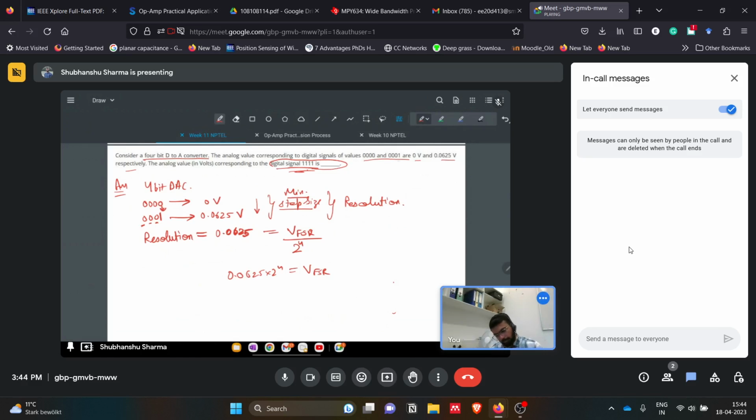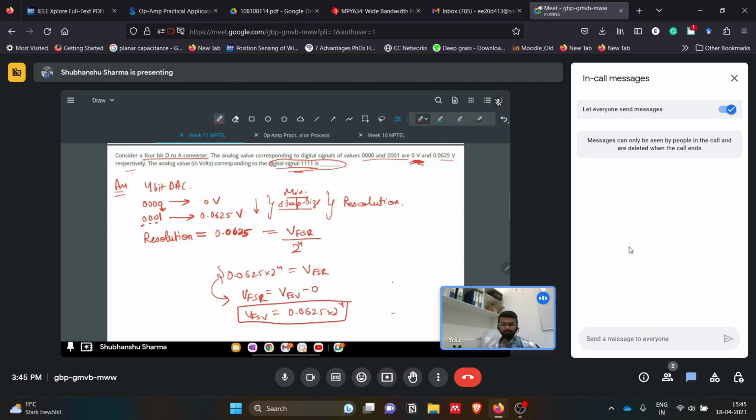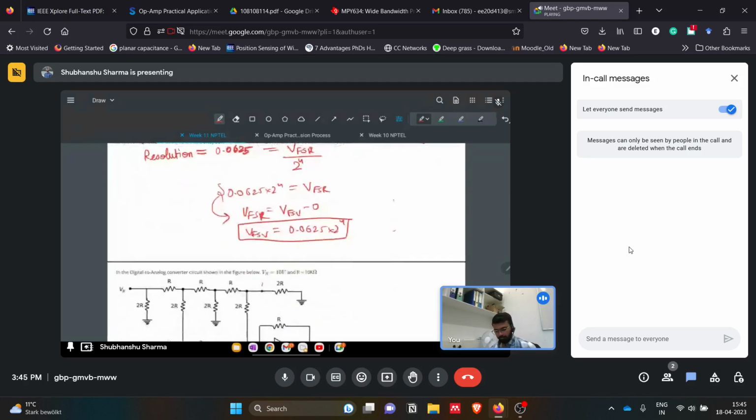Since the lower limit of the input is 0 volts, we can get full scale from here itself. So this is the range basically, and V full scale range is V full scale value minus 0, because 0 is the minimum value which they have given. So V full scale value will be V full scale range, that is 0.0625 into 2 to the power 4. Okay, next question.